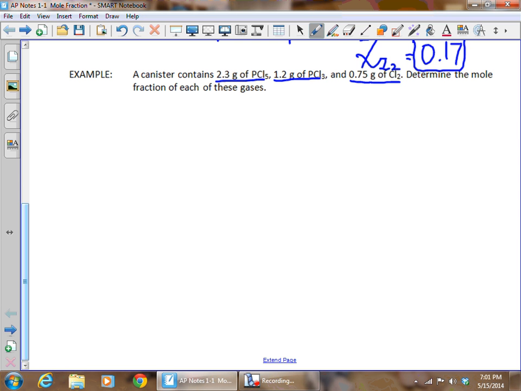So let's do that side calculation first before we even write anything else down, because we know we've got to do it anyway. We start first of all with 2.3 grams of PCl5, phosphorus pentachloride, and we're going to use the molar mass conversion factor.